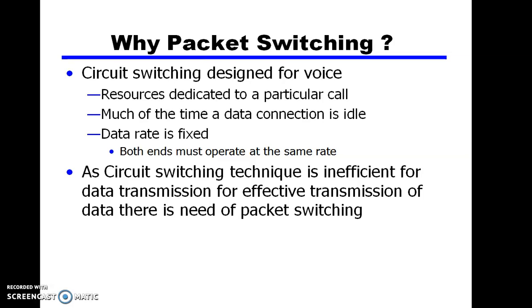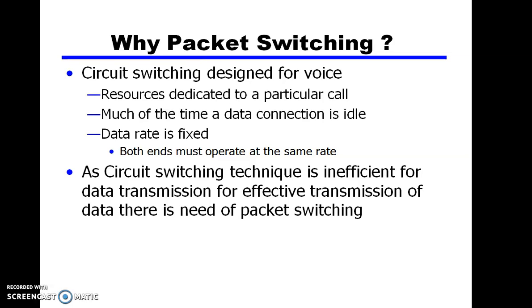However, as the circuit switching network began to be used increasingly for data connections, two shortcomings became apparent. In typical user-host data communications, much of the time the line is idle. Thus, with data connections, a circuit switching approach is inefficient. In a circuit switching network, the connection provides for transmission at a constant data rate.